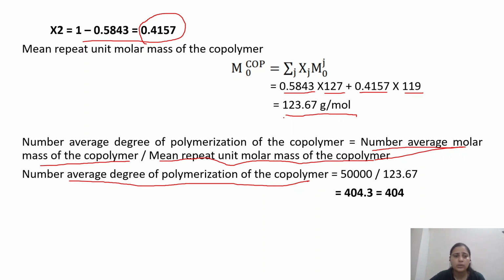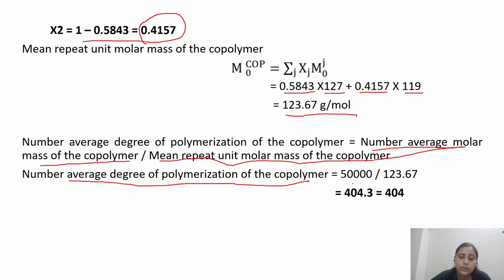123.67 gram per mole. Now for calculating the number average degree of polymerization of the copolymer, we need to divide 50,000, which is given as the number average molar mass of the copolymer, by 123.67, which is the mean repeat unit molar mass of the copolymer.